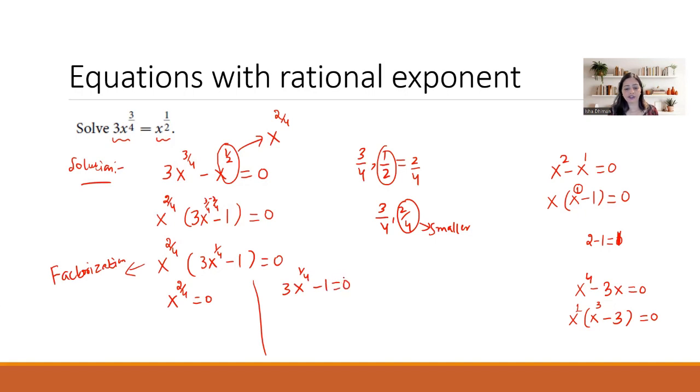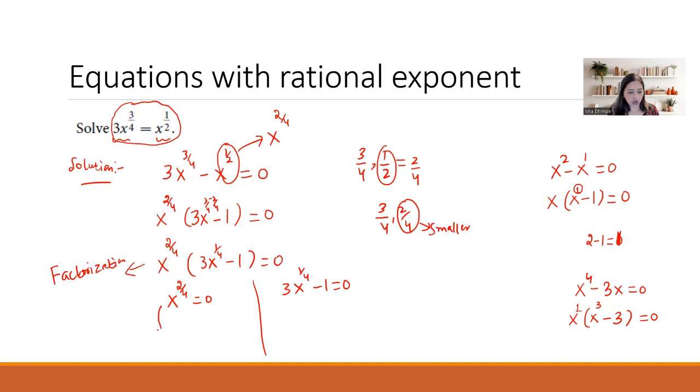So we have isolated the given rational exponent equation into two different factors which contain only one exponent term. Originally this had two different exponents, but now we have two separate equations with only one exponent each.